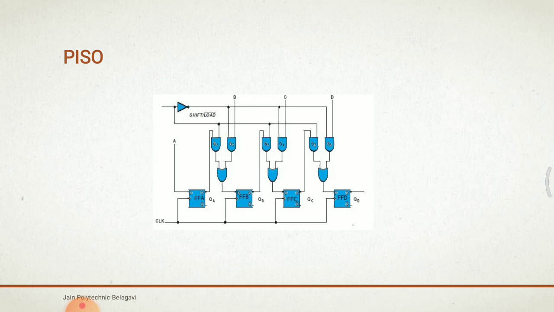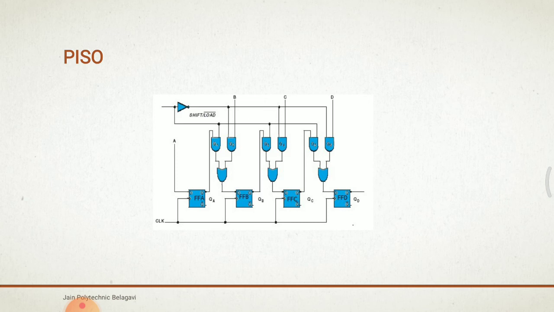Shift or load is a control input that allows the 4 bits of data at the A B C D inputs to enter the register in parallel, or to shift the data serially.